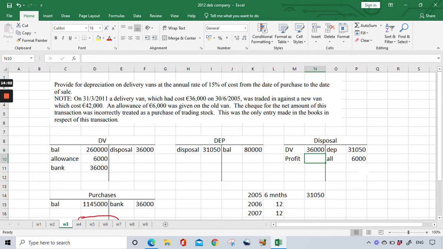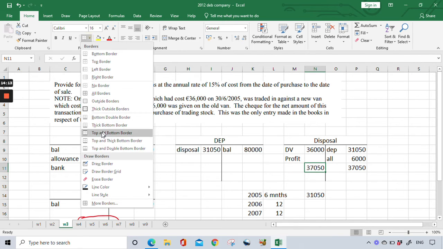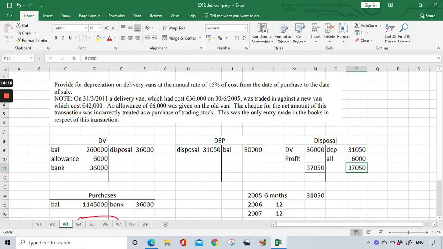So if I just added these up, it'd be 37,050. So the difference, I'll just put lines here just to make it look properly. Here, the difference between 37,050 and 36 is 1,050. That is a profit on disposal of 1,050, and that's obviously going to go in as a gain.